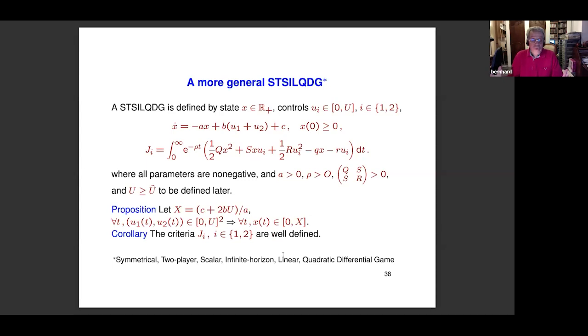Now, first obvious proposition, because I have bounded the controls and because my differential equation is a stable system, the state remains in a compact set. The state is bounded.